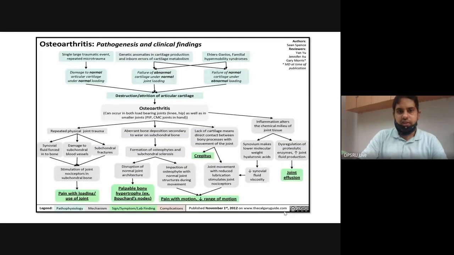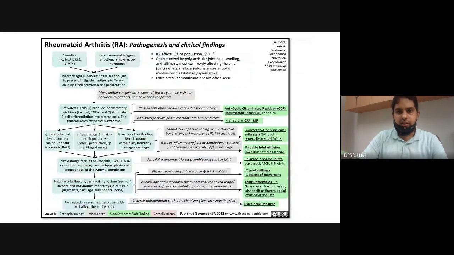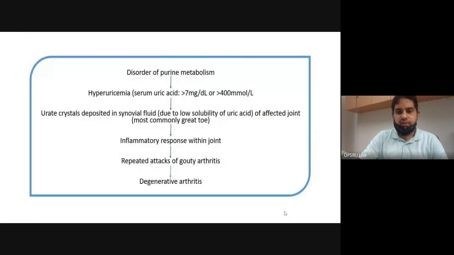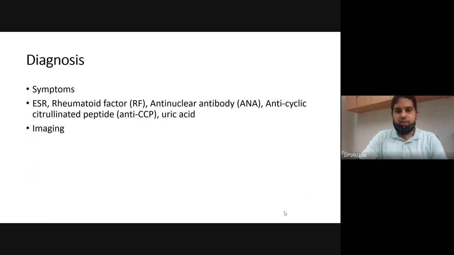We discussed the pathogenesis and clinical findings of osteoarthritis and rheumatoid arthritis, and gouty arthritis, where uric acid is deposited in the joints. We discussed how we diagnose patients with arthritis based on symptoms and with blood tests.